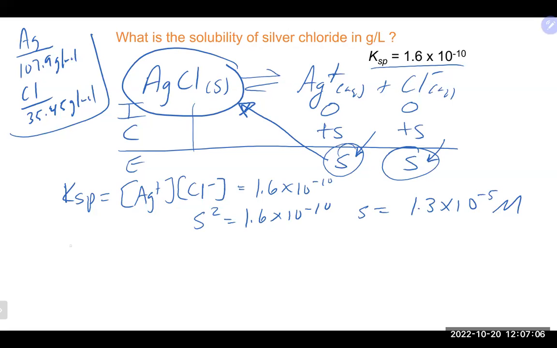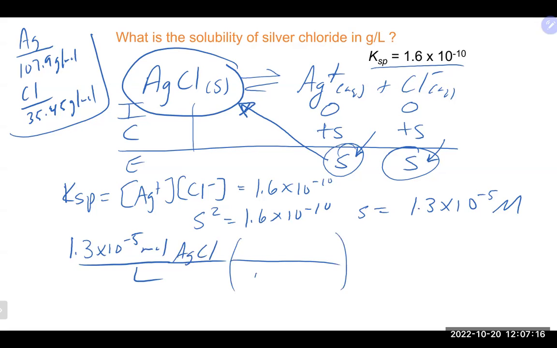So that would also be the moles per liter of silver chloride, which if we use the molar mass of silver chloride, which is 107.9 plus 35.45, gets us 143.4 grams times 1.3 times 10 to the minus 5 gives us a solubility of silver chloride of 0.0019 grams per liter.